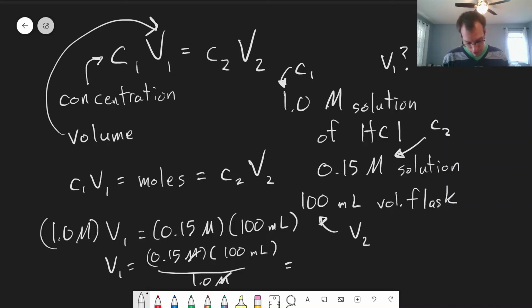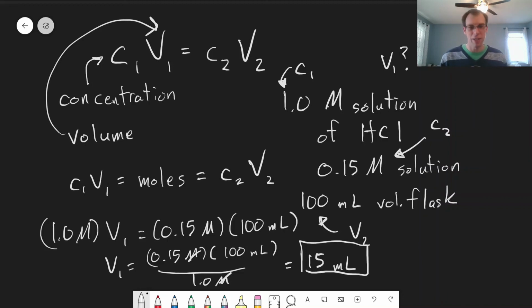Okay, so that will be equal to 15 milliliters. And so this is the volume we need of our 1 molar solution to put into this 100 milliliter volumetric flask. We would measure out 15 milliliters of the 1 molar solution, pour it into our volumetric flask, and then add sufficient water to get this to be diluted to 100 milliliters.